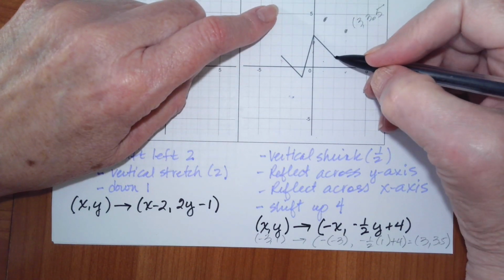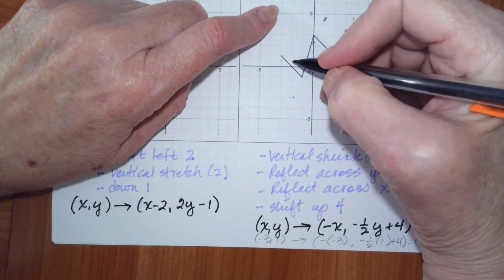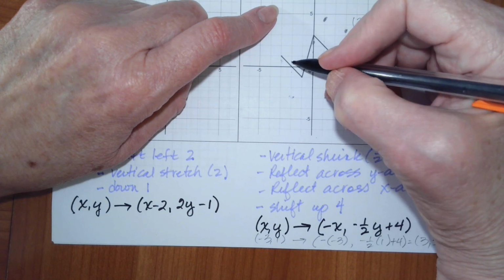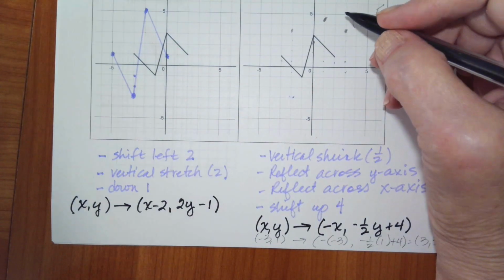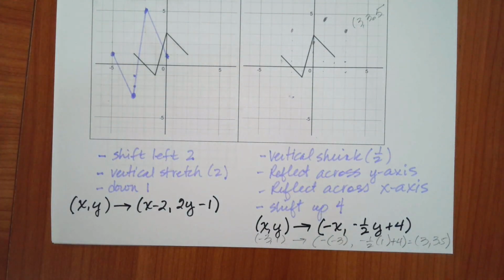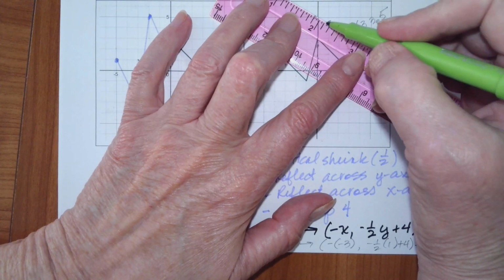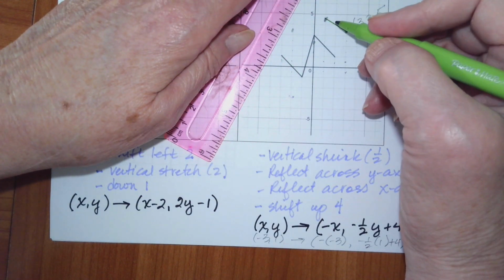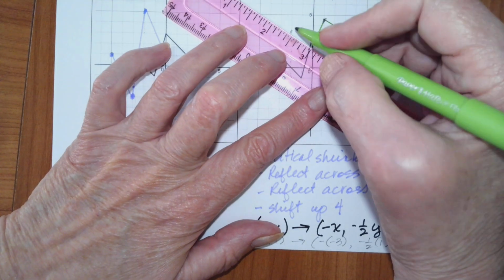And finally, this point, cut it in half, reflect it across the y-axis, then the x-axis, and then shift it up 4. 1, 2, 3, 4. And then you're going to connect your dots. So you'll have this and this and this.